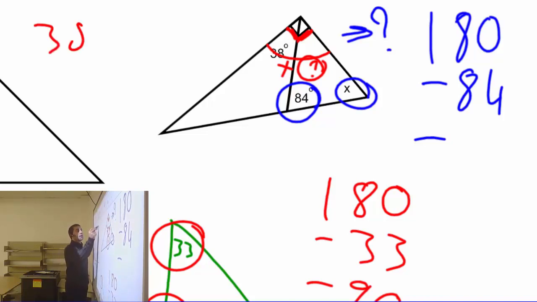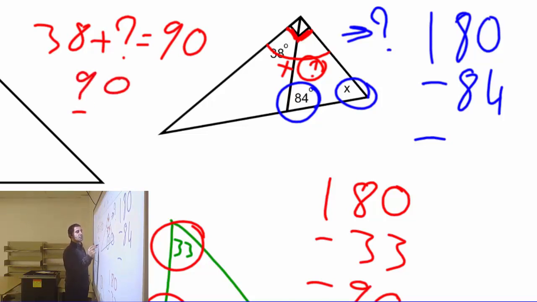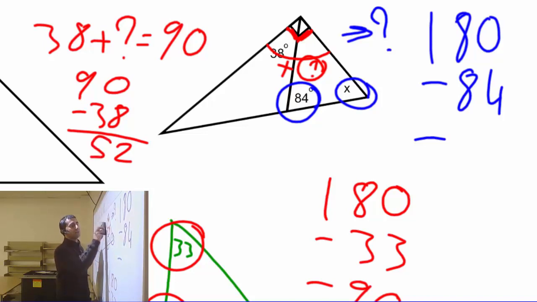So 38 plus the missing angle will be 90. So therefore, all you have to do is 90 subtracted by 38. That will give you 52. So that means the missing angle here that I need is 52 degrees.